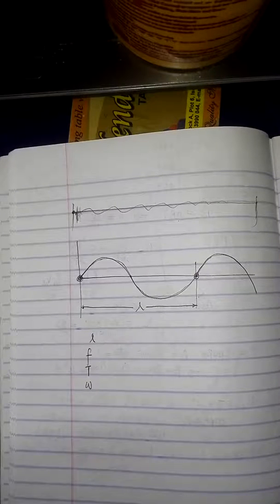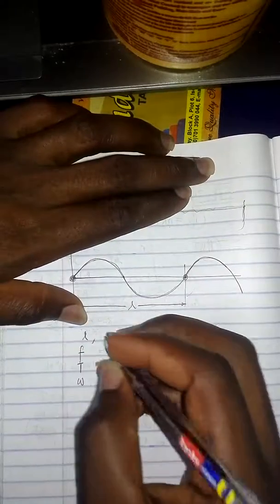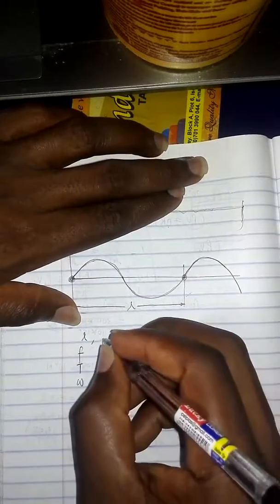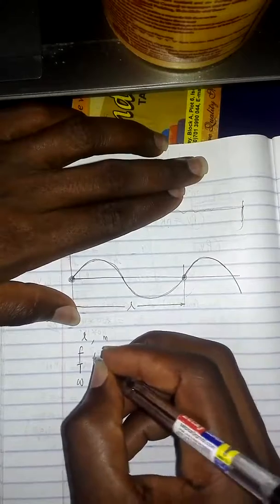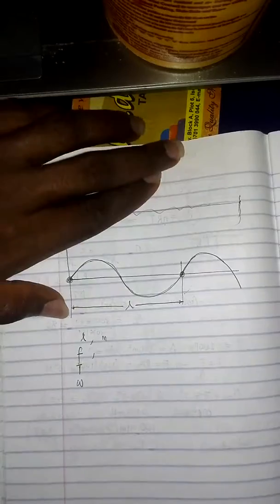In the case of frequency, we are interested in how many oscillations have been made in a second. That is, what is the number of oscillations per unit time. Of course wavelength, as its name implies, is a length, so it is usually measured in meters. Frequency is asking you how many oscillations are made in 1 second.